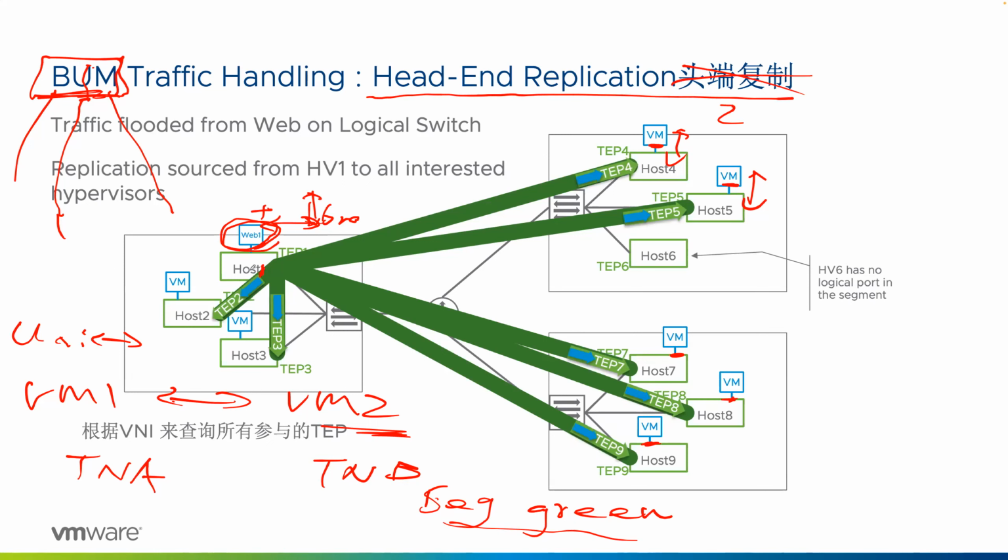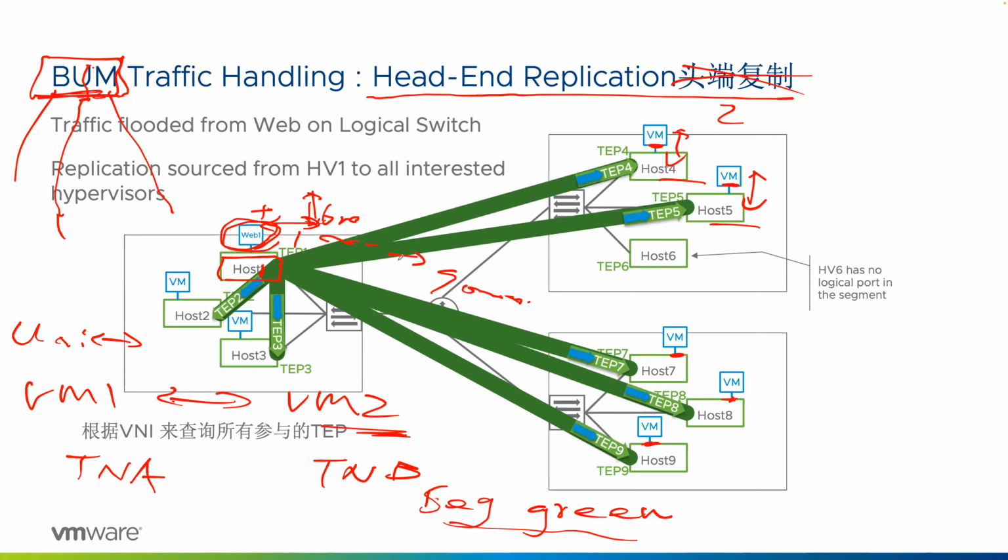That means the source side, where web1 is located, host 1, is responsible for duplicating the broadcast, from 1 copy to 9 copies, because there are 9 hosts, or 9 TNs, right here.